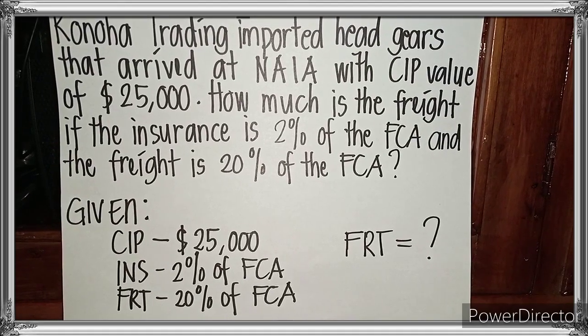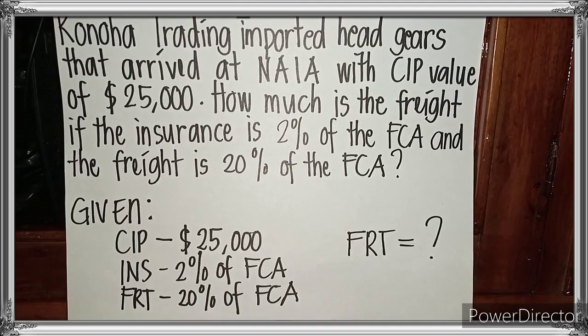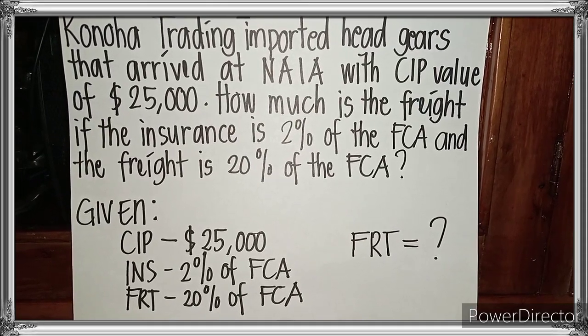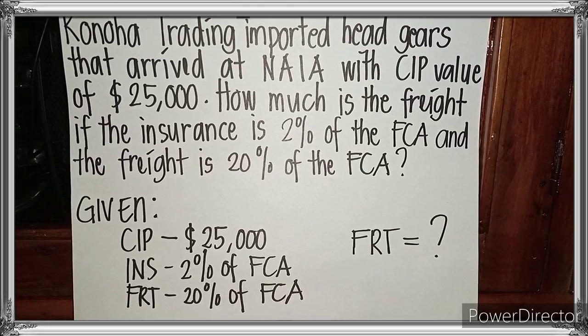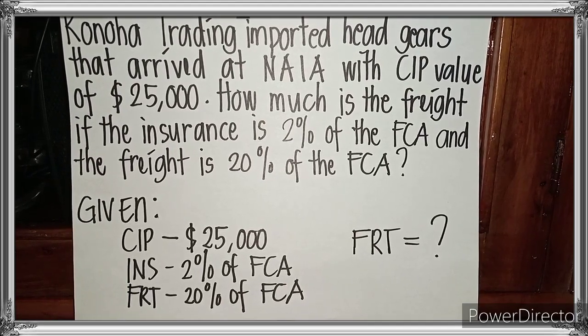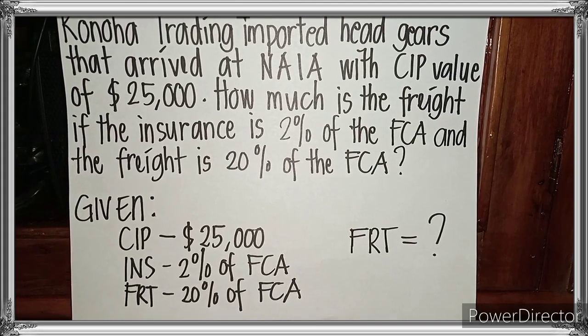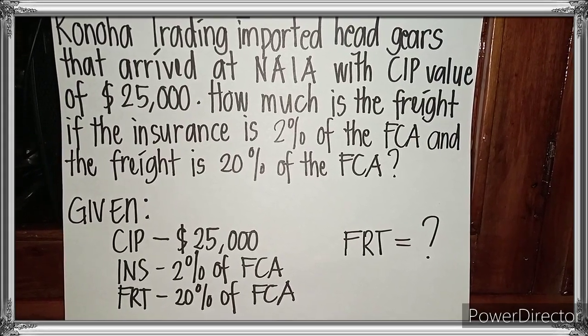We have here the given CIP value of $25,000. Insurance is 2% of the FCA and freight is 20% of the FCA. And what we need to find out here is the freight.